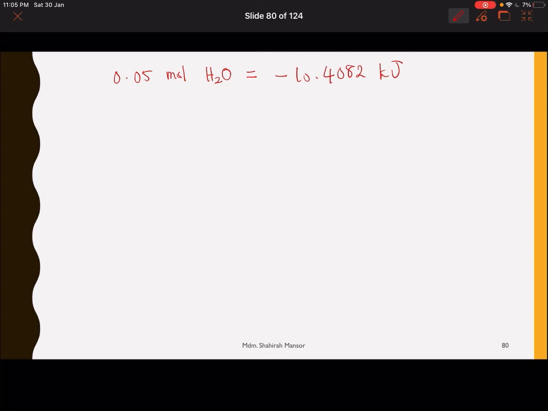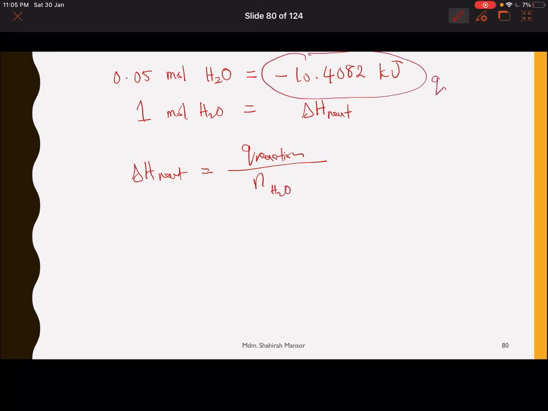In order to find the enthalpy of neutralization, we must refer to 1 mole of water formed from this neutralization reaction. So we need to have the Q reaction over n of water. This is our Q reaction.